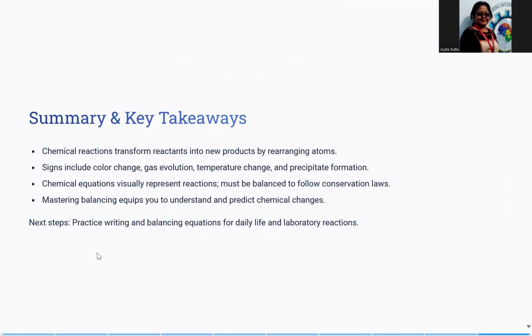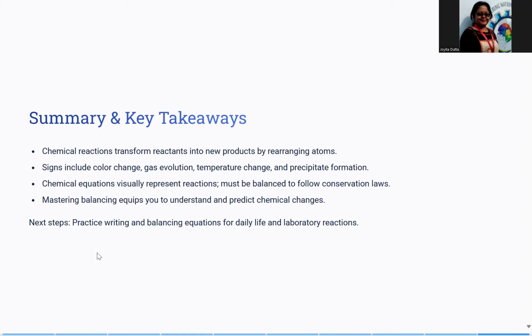Once this is done, this is what is in the chapter in a very, very small nutshell. To just brief you up, chemical reactions transform reactants into new products. We have seen that there are various changes that occur. There is a change in color, gas evolution, temperature change, precipitate formation, all those things happen.